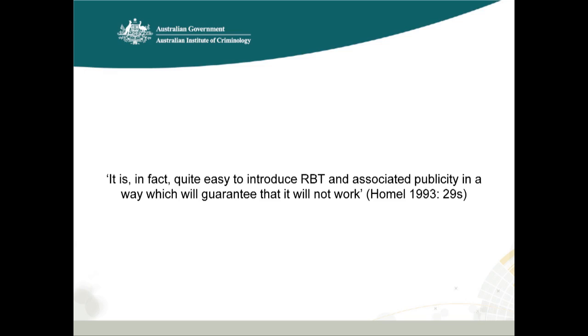However, as Homel states, it's in fact quite easy to introduce RBT and associated publicity in a way which will guarantee that it will not work. So, how should RBT be implemented in a way which works? Today I'm going to discuss 5 key guidelines for effectively implementing RBT in a way which works.